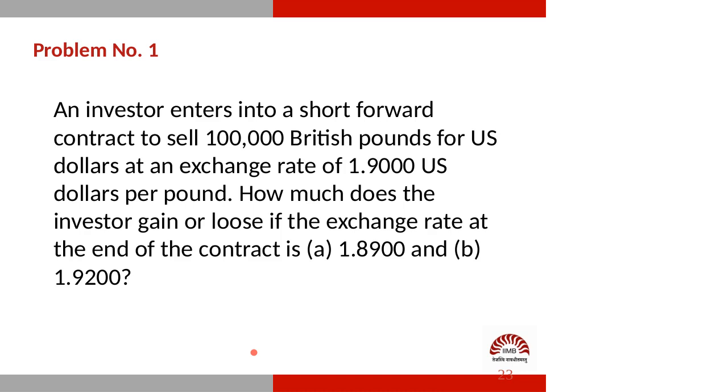So look at this. You enter into a contract to sell 100,000 British pounds for US dollars at an exchange rate of 1.9000 US dollars per pound. How much would you gain or lose if the exchange rate at the end goes to 1.8900 and 1.9200? Two different examples.